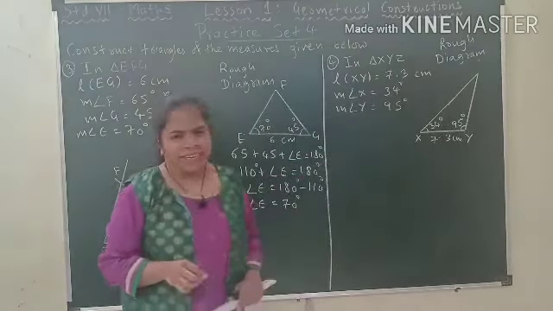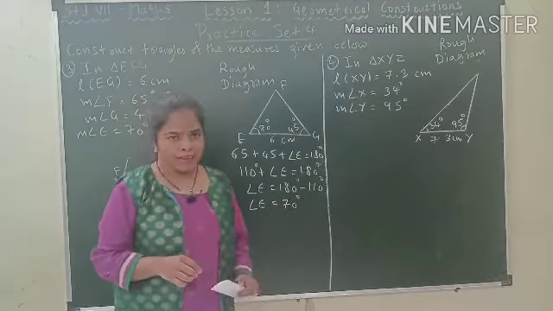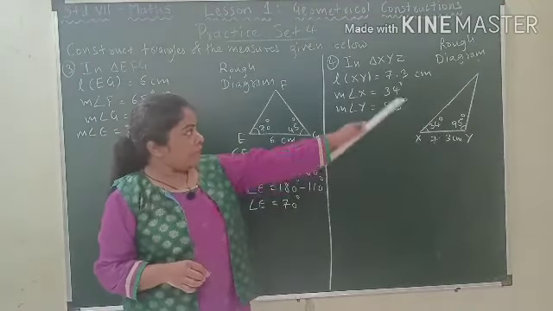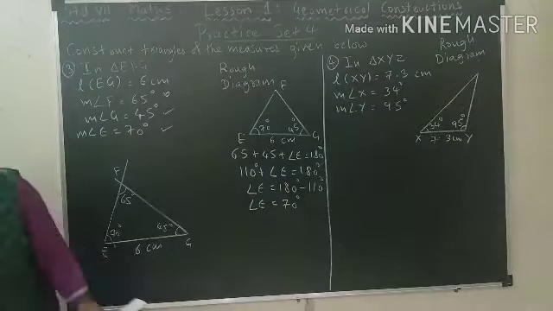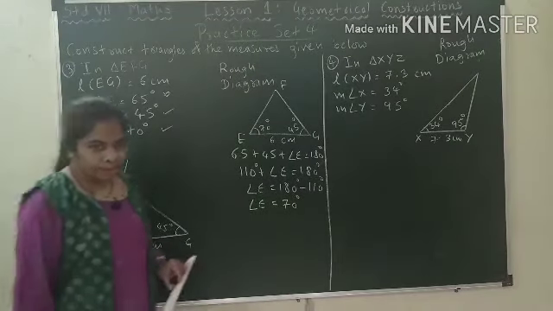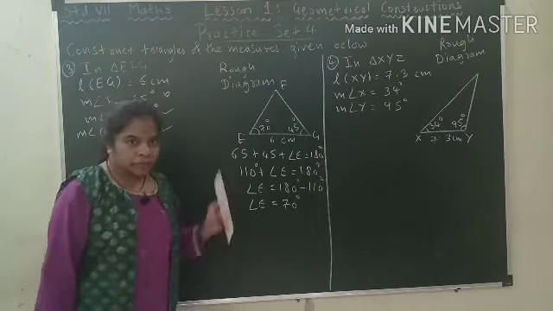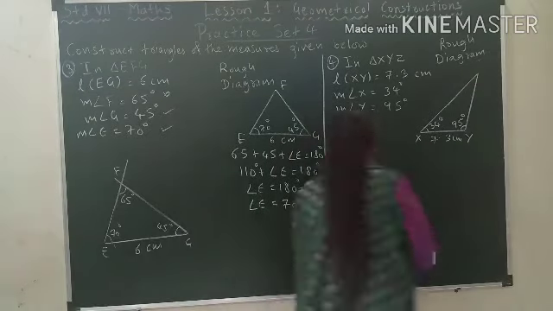See, 95 is an obtuse angle. That's why I've drawn an obtuse angle in my rough diagram. It will help me. Let's start with the base XY, which is 7.3 centimeter.